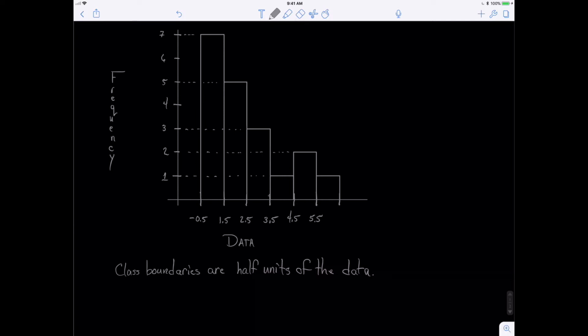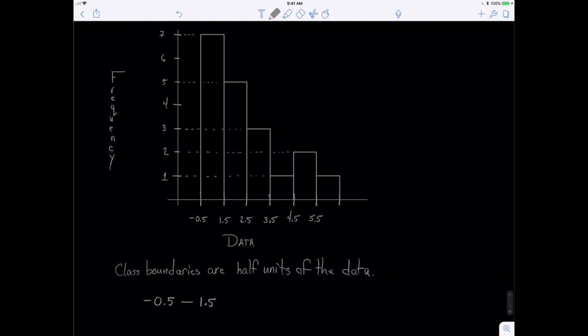If they're half units of the data, let's start at the very beginning, the leftmost class, and that is from negative 0.5 to 1.5.